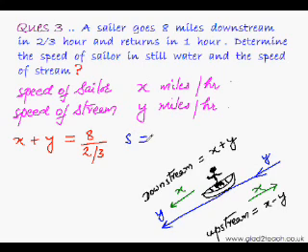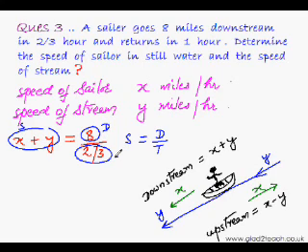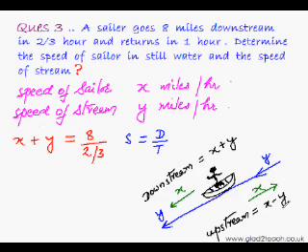As we all know, speed equal to distance divided by time. So this is the speed, this is the distance, and this is the time. Using this relationship, we have created our first equation. So now let us create the second equation as well.